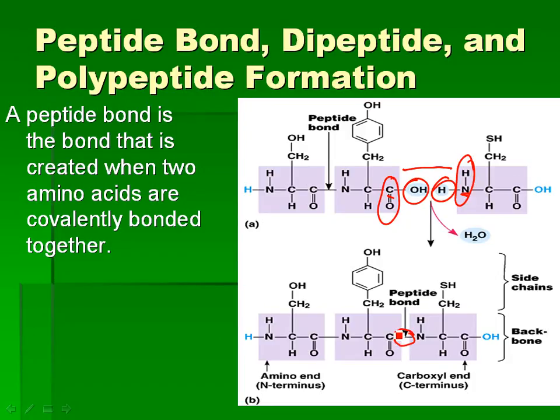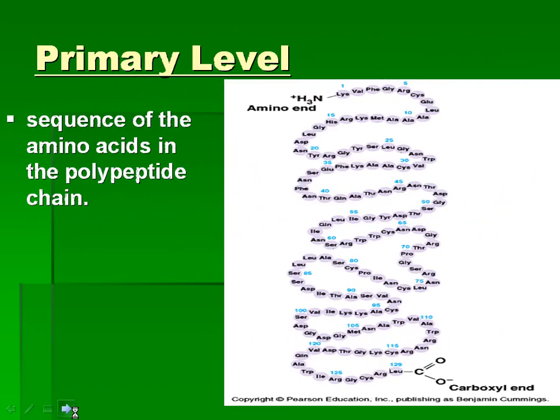Alright, so let's just go back and review a little bit as far as that was concerned. Let's move on. Okay? As we're linking those amino acids together from the first all the way to the last one, we have created a linear sequence of amino acids.